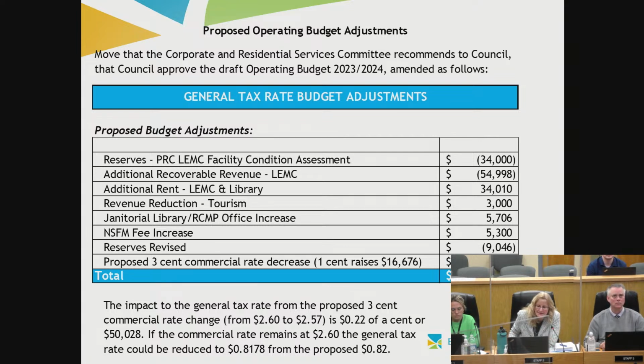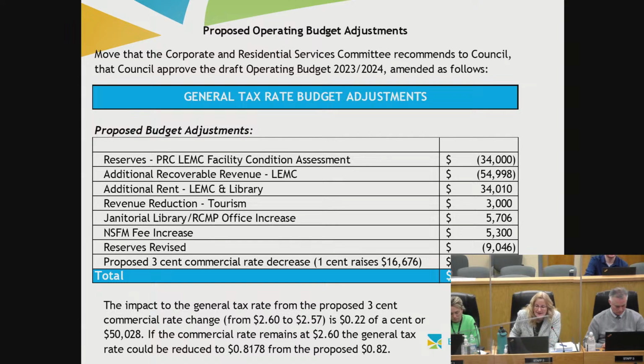So we've included that slight increase in this adjustment. And we just found out this week that there is an increase in the NSFM annual fees, and I believe the CAO is going to speak about that, so we've included that in here as well. We didn't have that last week when we were presenting the budget.